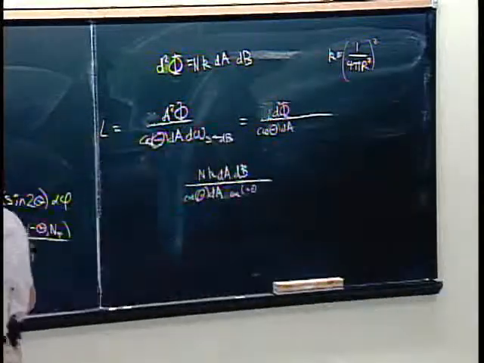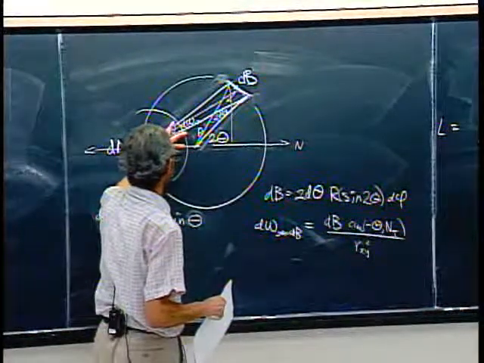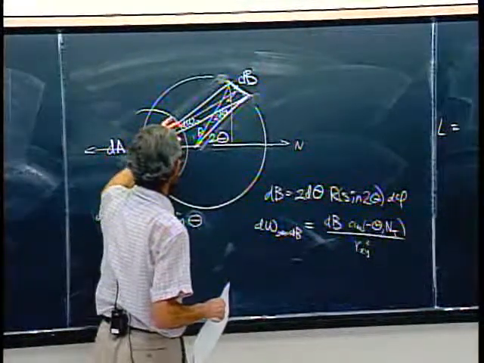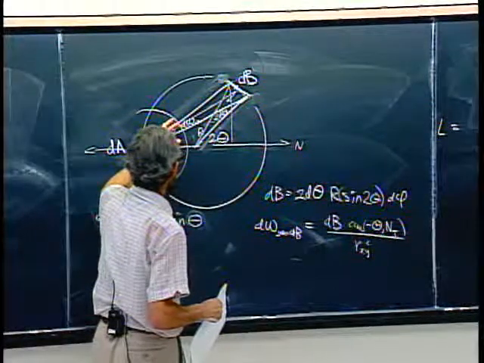I'm trying to find out what's the amount. I'm trying to show that the amount per solid angle is a constant.